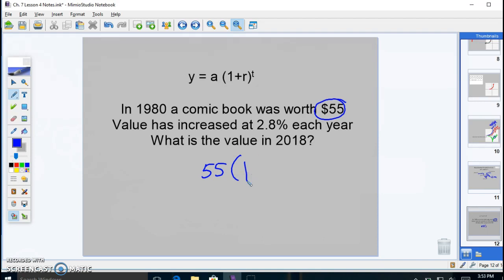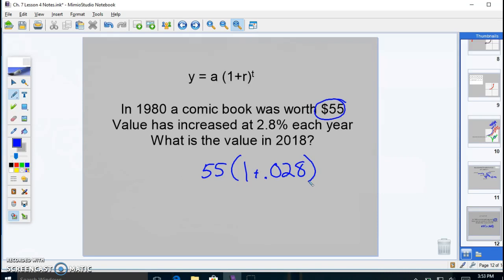1 stays as 1, but what's my rate? My rate is 2.8%, but don't forget to change that to decimal form. So it's decimal point 0.028. My growth factor would be the 1 plus the 0.028. And then the time.